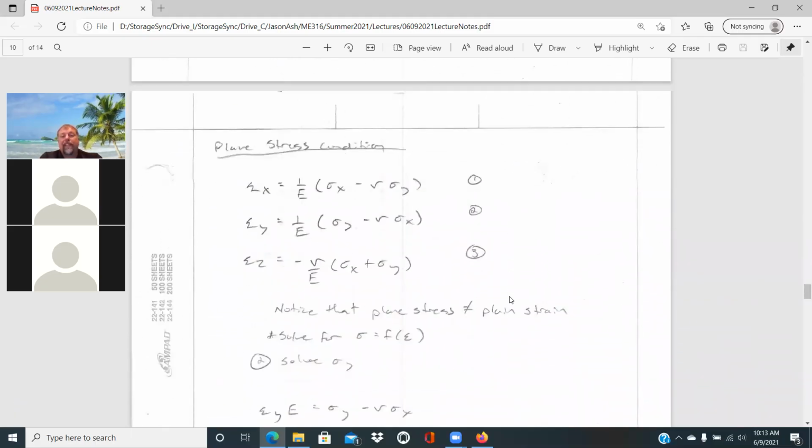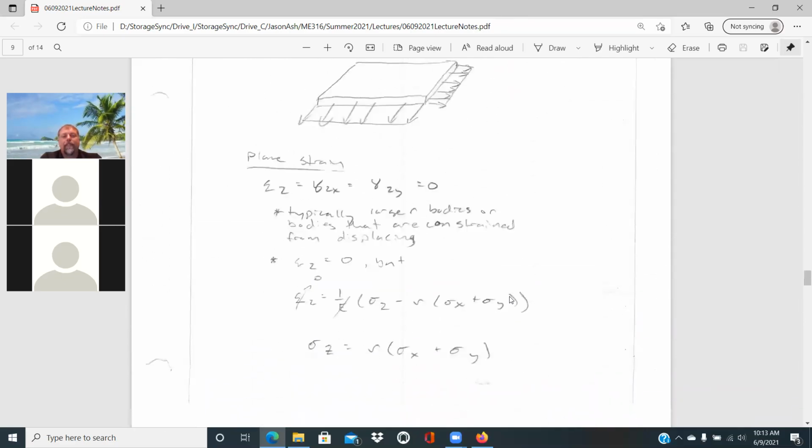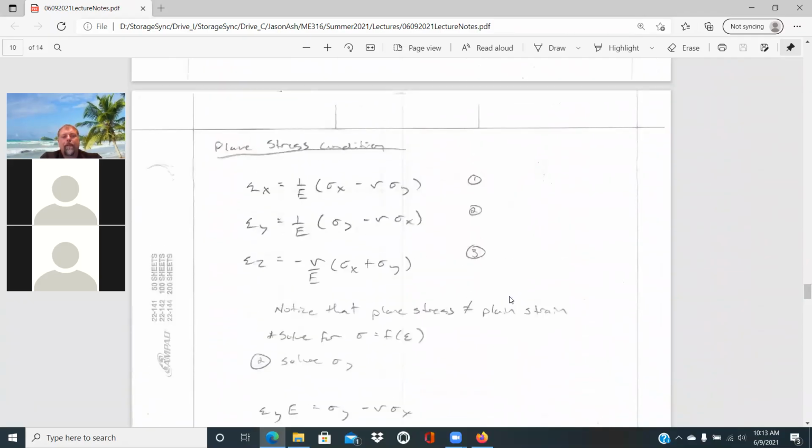The plane stress condition, if we touch back on that one up here, where sigma Z is equal to 0, we can relate that to the strain in the Z, which would not be equal to 0. If we have a plate that's being stretched in both directions, it's going to typically thin the plate out. It's going to contract just like we see with axial loading. It contracts in the transverse direction.